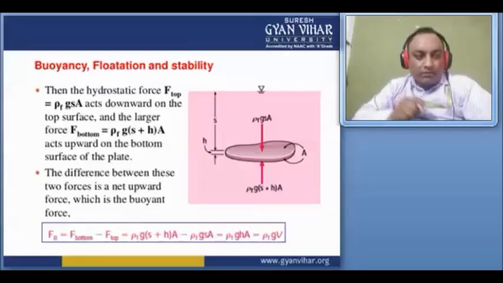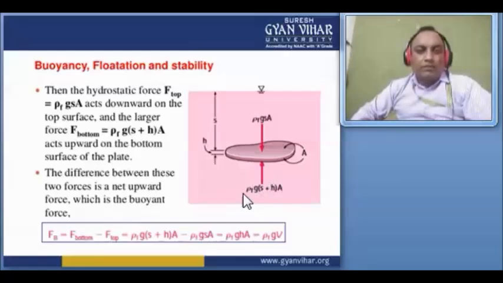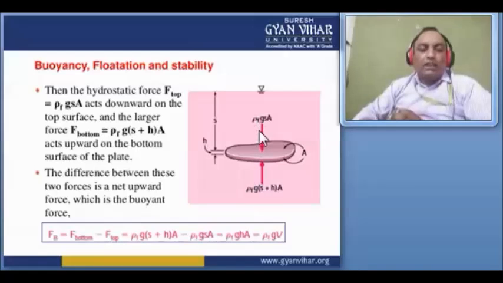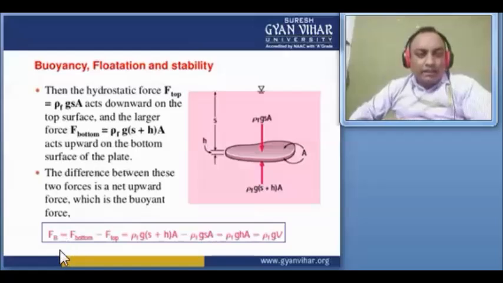Because the F bottom force is higher and this is the lower force, you subtract the lower force from the higher force. So here F b equals F bottom minus F top.